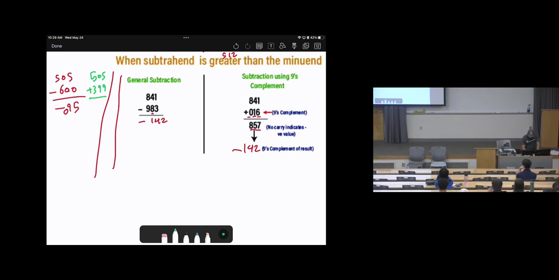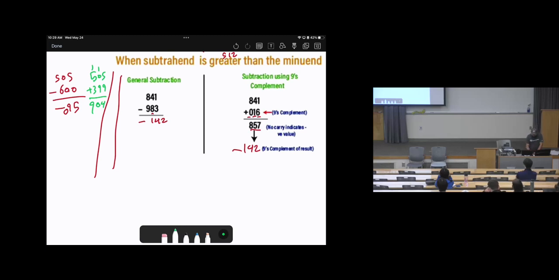So the answer will be 5 plus 9, 14. This will make it 0 with carry out 1. Then 1 plus 0 plus 9, 10, so 0, carry out 1 plus 5, 6 plus 3, 9. Is this correct? Okay, yes, that's correct.